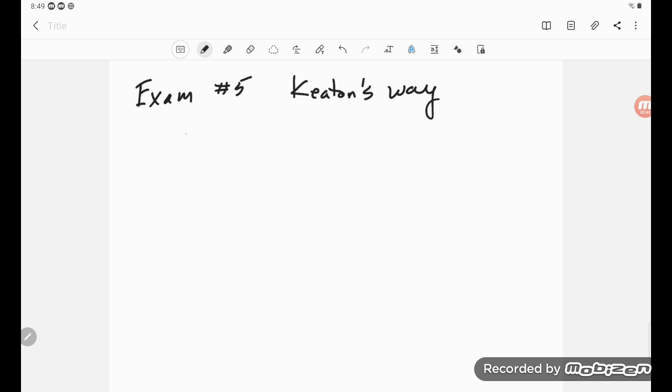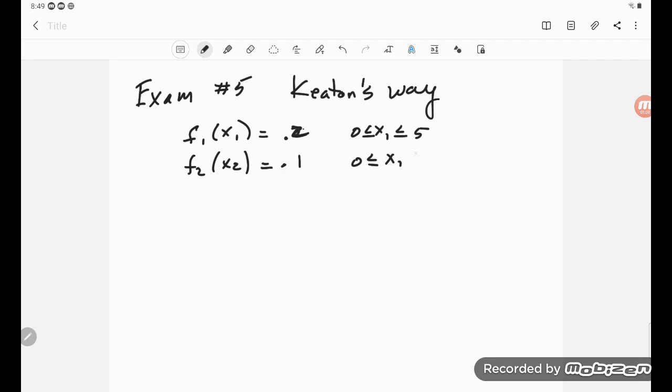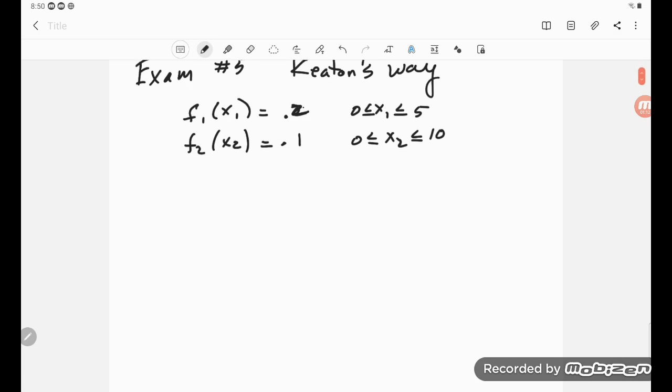So we have f1 of x1 is equal to 0.2, and that's on 0 less than or equal to x1 less than or equal to 5, and f2 of x2 is 0.1, and that's 0 less than or equal to x2 less than or equal to 10.